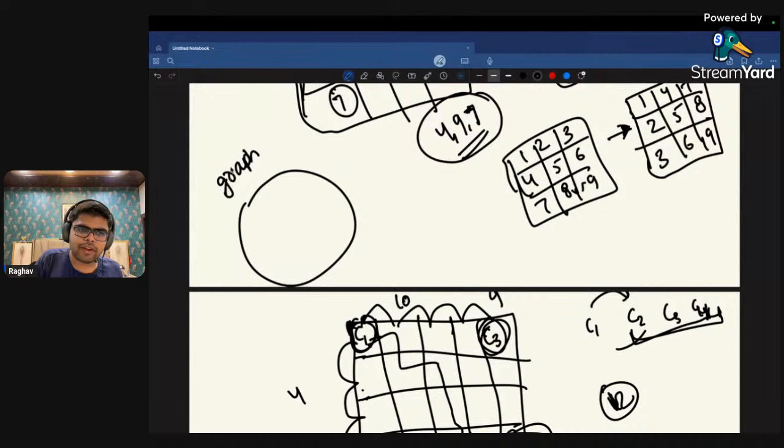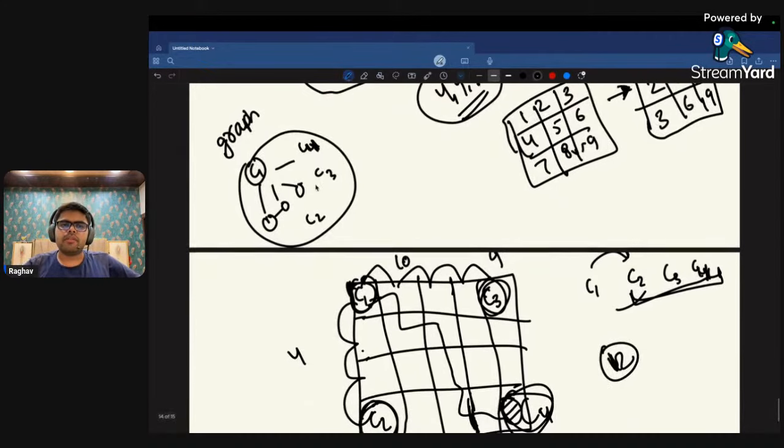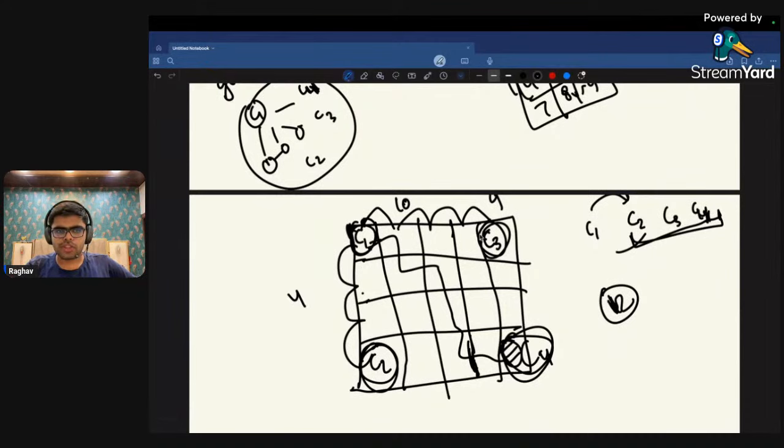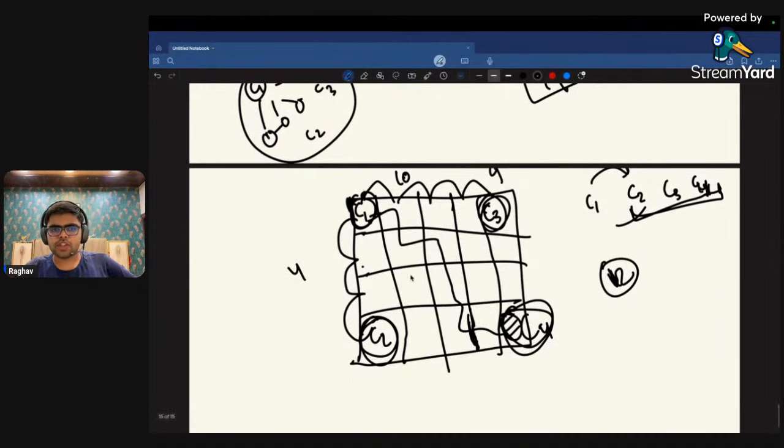In the graph, if I run a DFS from C1, it will go node to node at every place, and will somehow reach C2, C3, and C4. Then I can check their distances, whichever node is closest or the second closest.